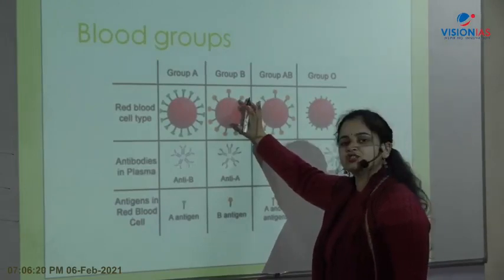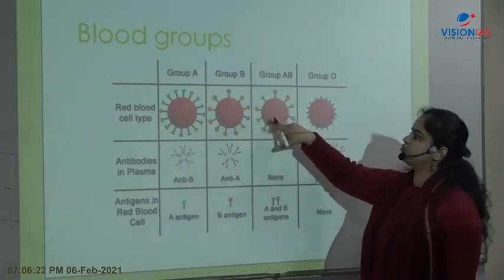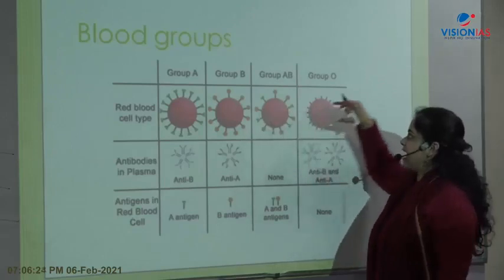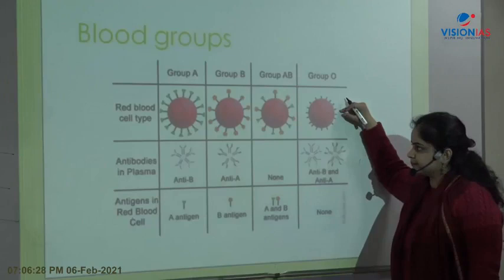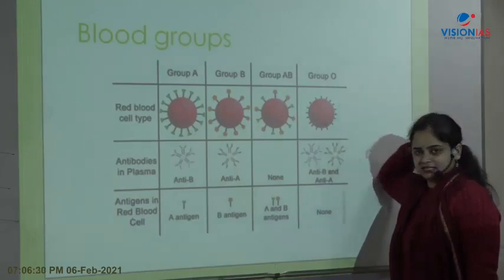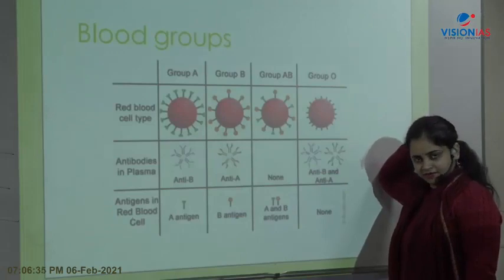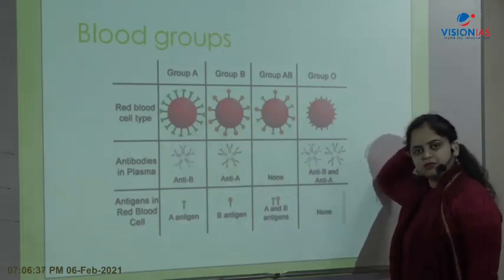So this is antigen B. AB has both the types as you can see here, and O has none. So different antigens are there on the surface of red blood cells in different blood groups, and they determine the blood group.